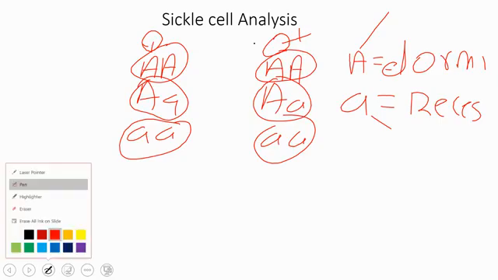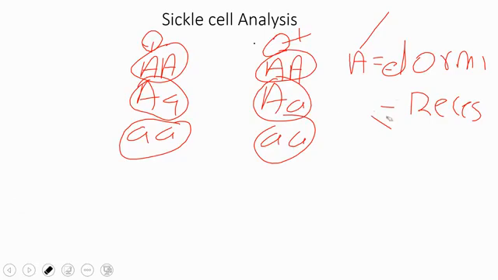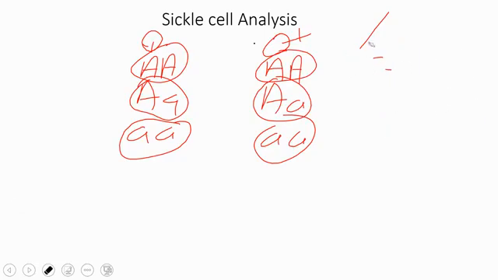So let me clean that portion and show you another thing. So let's say I have the male here, then I have the female here, and in the course of marriage or in the course of conjugation, let's say I was having A here, A here, it means the two of them are already homozygous.